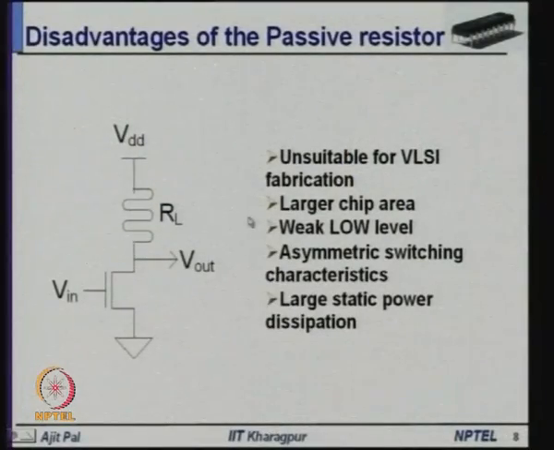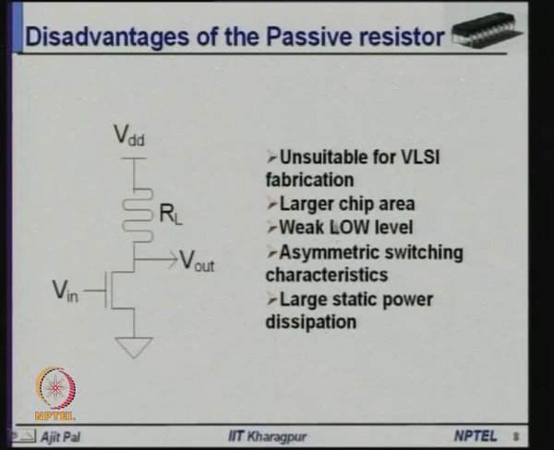As a consequence, this realization of MOS inverter using passive resistor as pull-up device is not feasible. And I have already mentioned, it will occupy large chip area, either way, whether it is a diffusion based realization or realization by using undoped polysilicon.